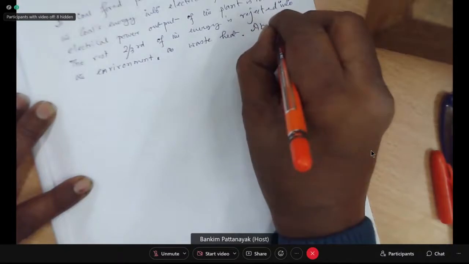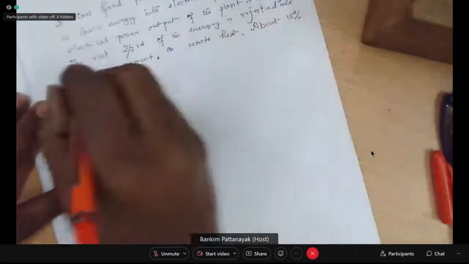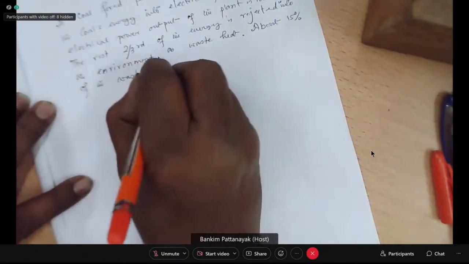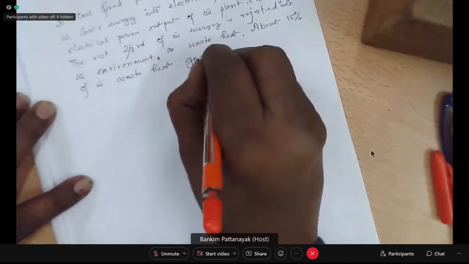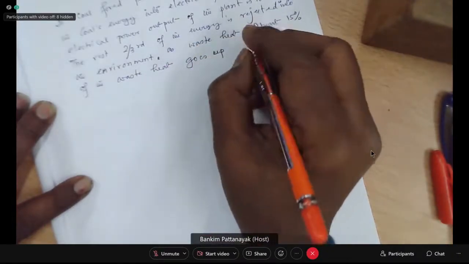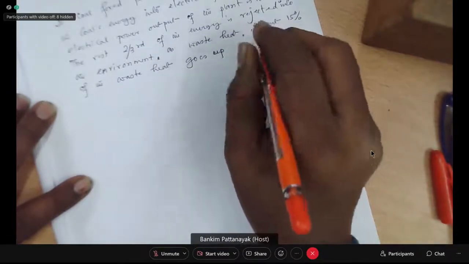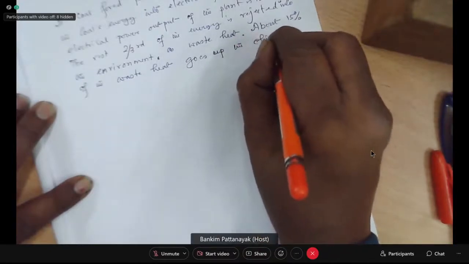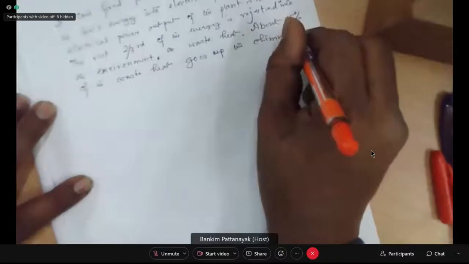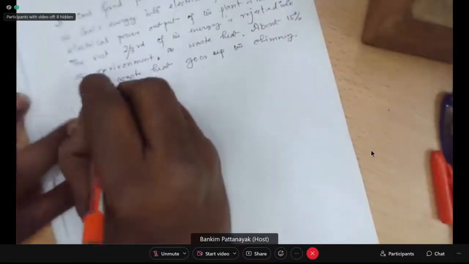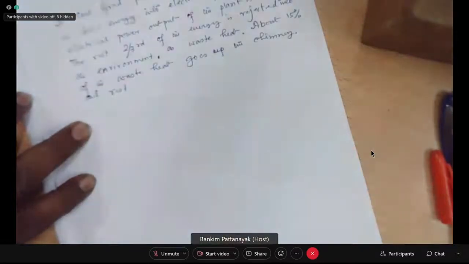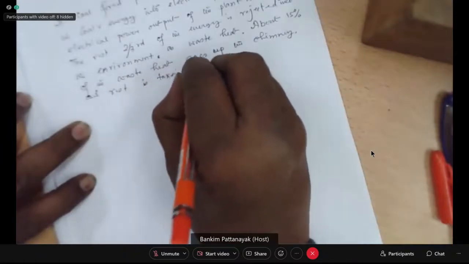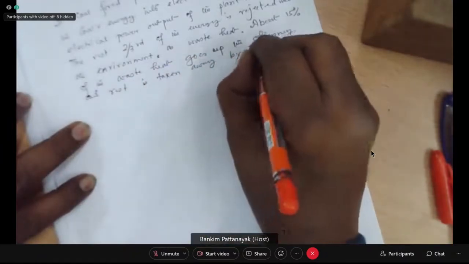About 15% of the waste heat goes up the chimney and the rest is taken away by cooling water.